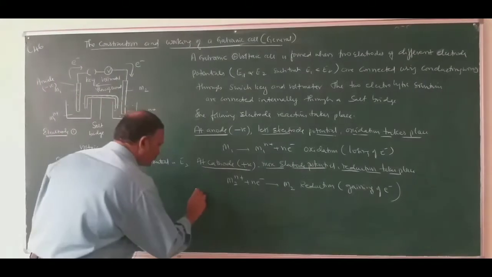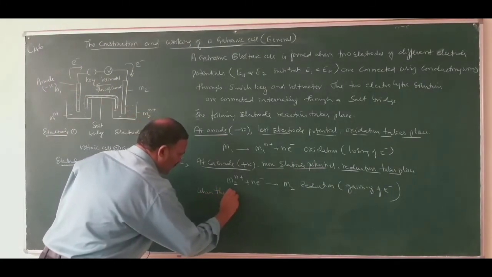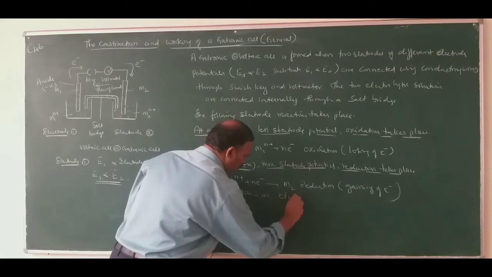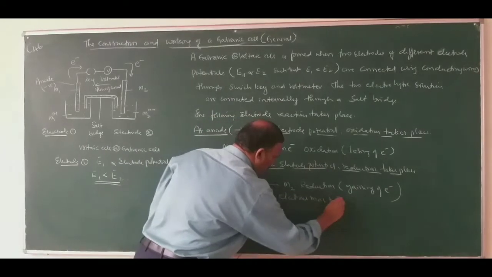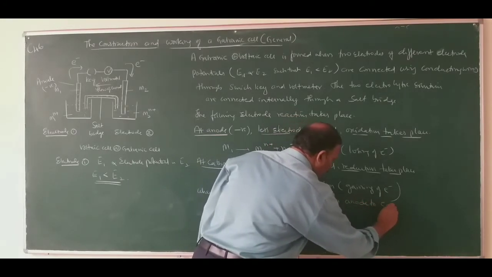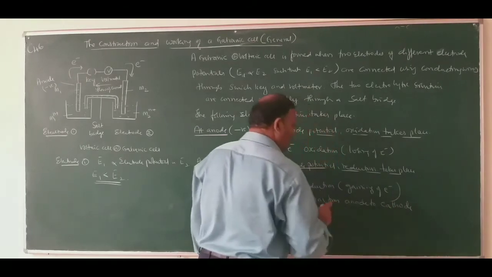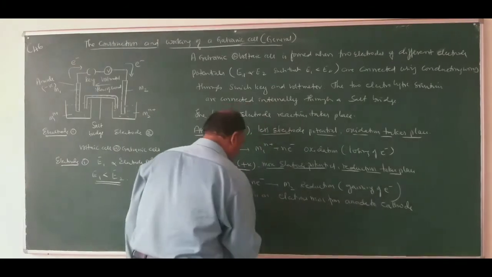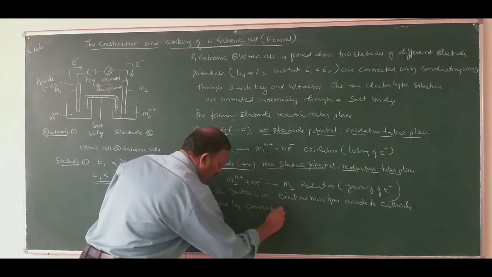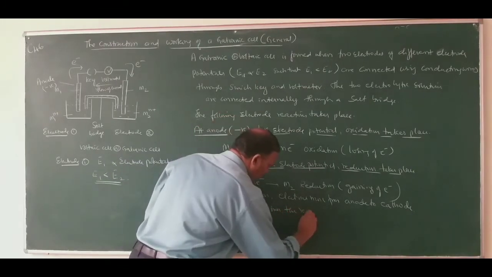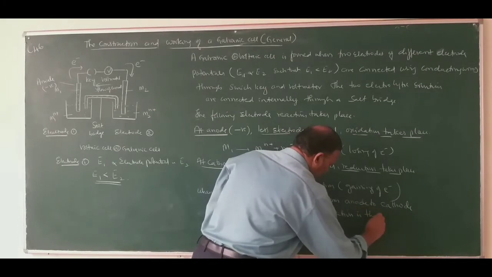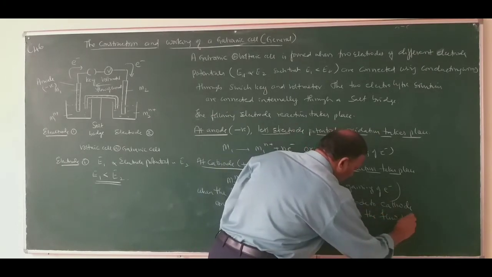So when the switch is on, electrons move from anode to cathode, and by convention, the reverse direction is the flow of current.